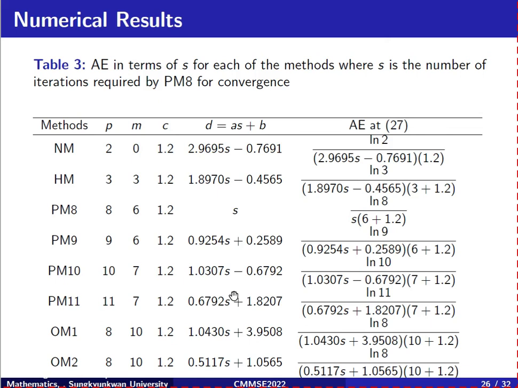By using the least squares method, we can compute D. Based on this computation, we can compute the approximate efficiency index like this.